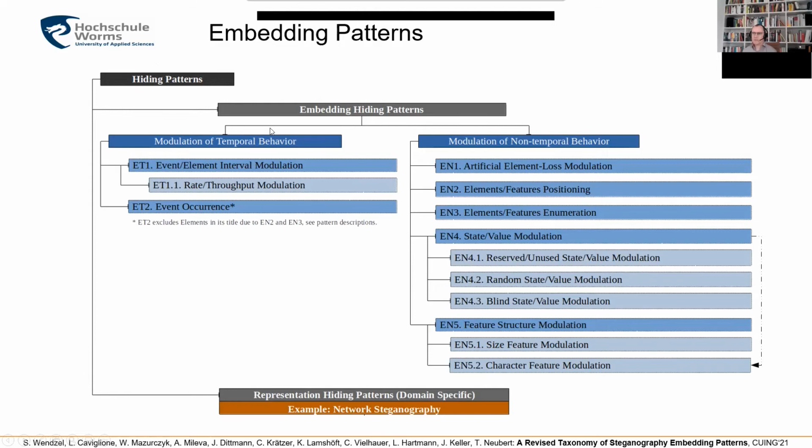So all hiding patterns, as you can see, are either embedding or representation patterns. We will look at the representation patterns in a couple of minutes. So first, however, let's look at temporal patterns.